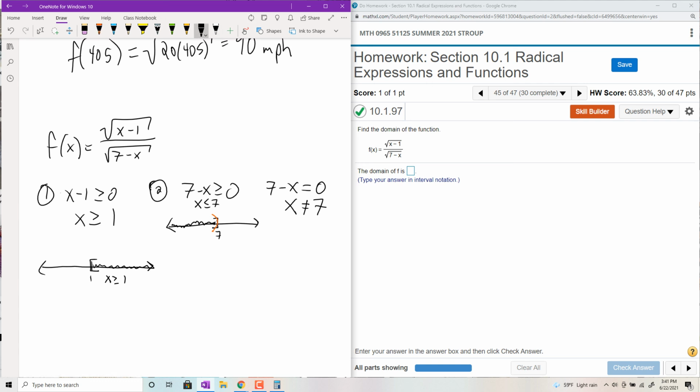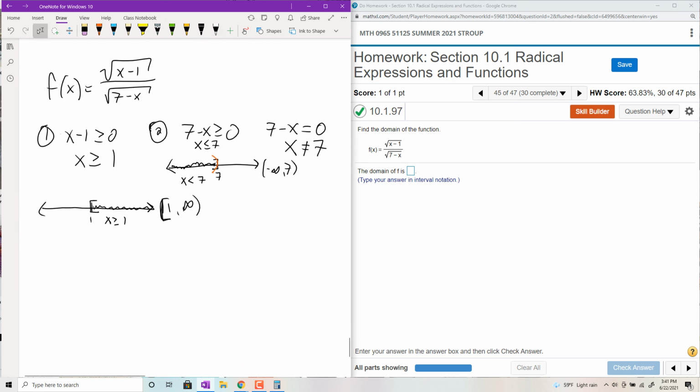Okay, so that interval, x basically just less than 7, in interval notation is negative infinity to 7 with an open parenthesis. This interval is closed bracket, 1 to infinity. Okay, and then we need to find the overlap between those two, the intersection.